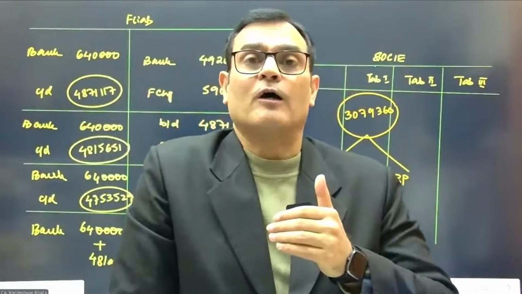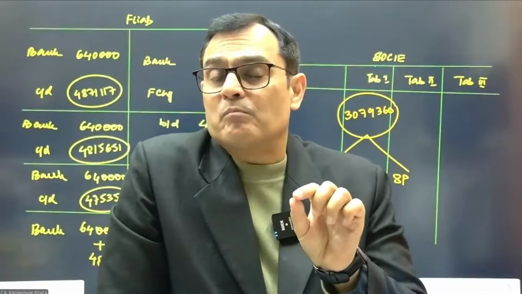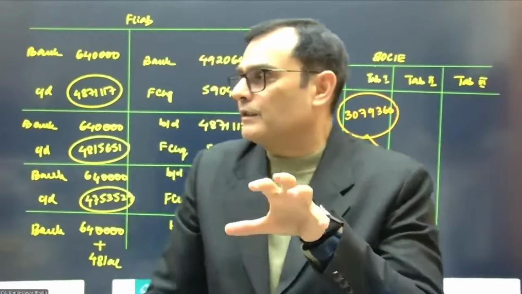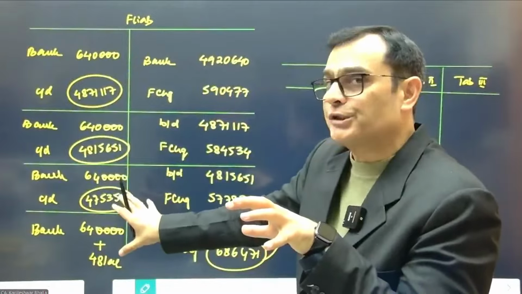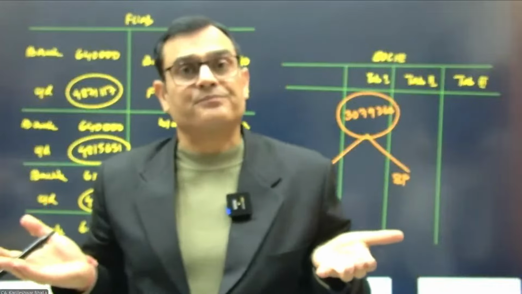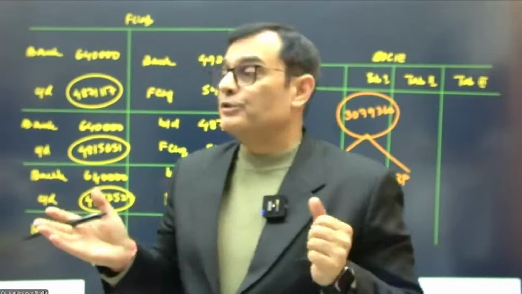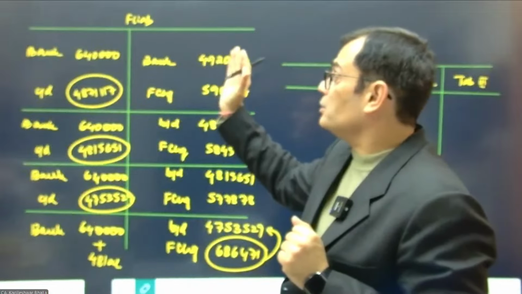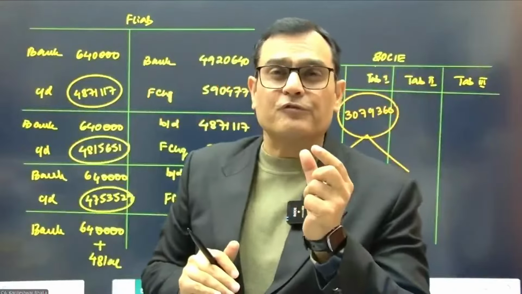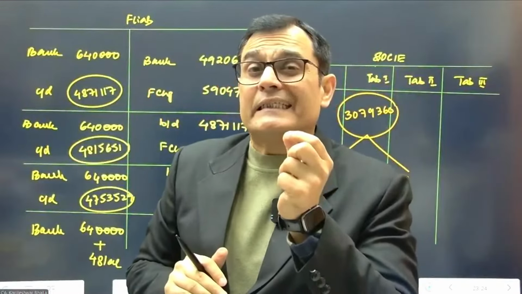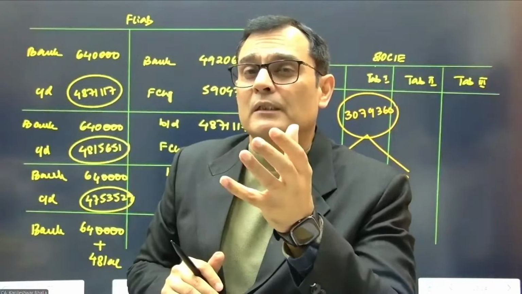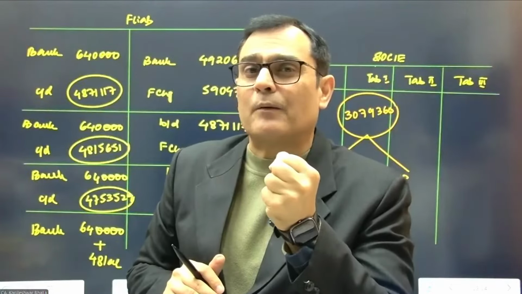In terms of optionally convertible, this money is lying with me. Now, whether the conversion takes place in cash or shares, when you took the financial liability, you took the entire principal. Please relate that. When you took the optionally convertible debenture, you took the entire principal as a liability. So whatever was the difference between the interest rate on a non-convertible and a convertible instrument is going to be with me in tab 1.